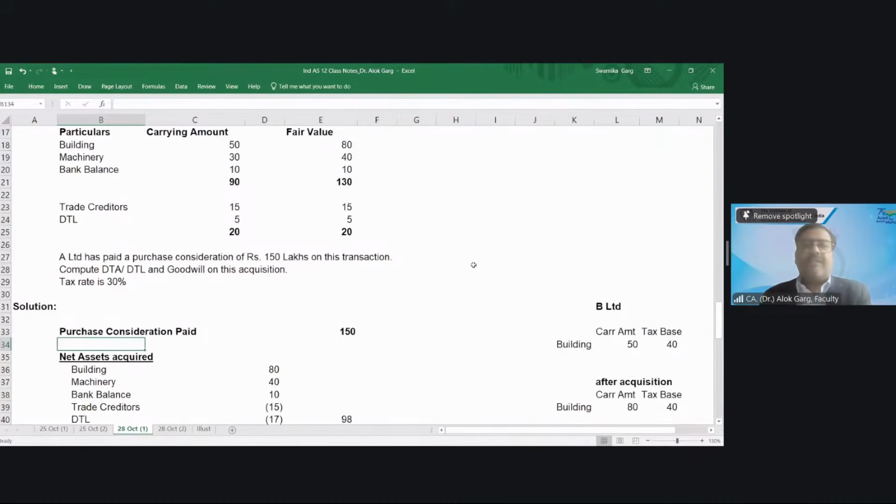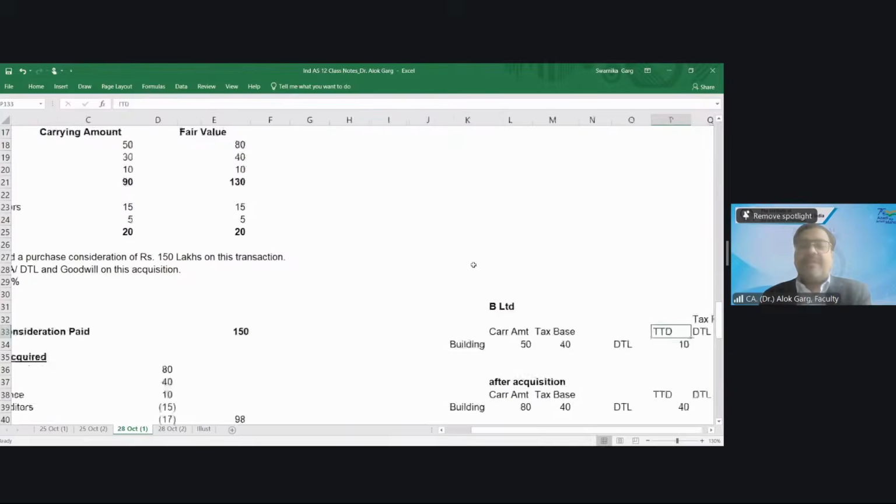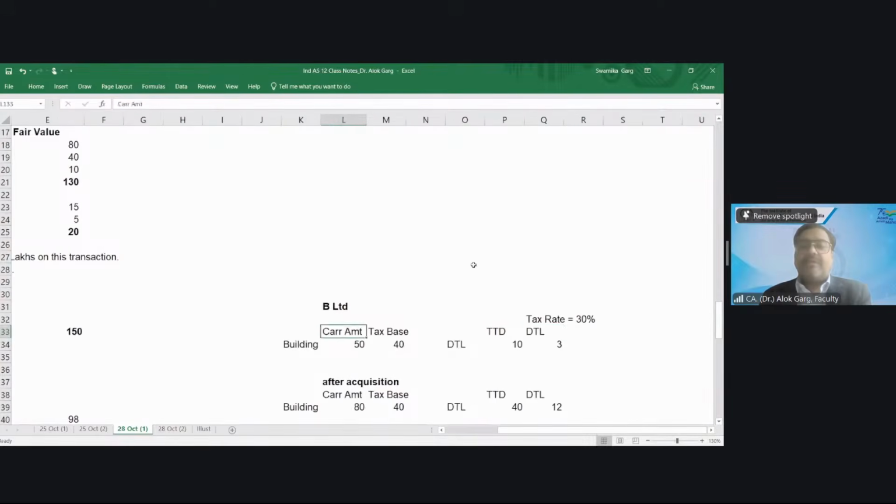It has become 80, right? Let's discuss this scenario with the help of a different example here. Let's say this building was 50 rupees and the tax base is 40 rupees. So what will the DTL be? The DTL will be for 3 rupees, right?